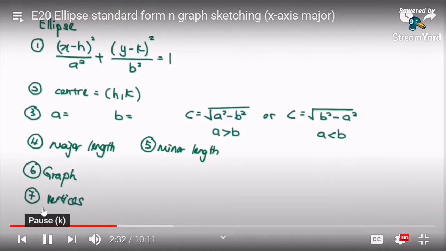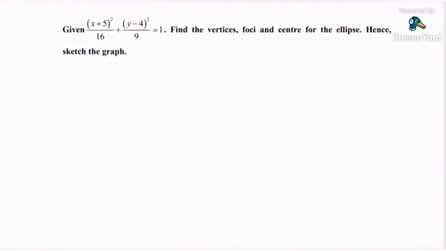Continue. So now let's have a look at the example. Given the standard form of ellipse, the question asks us to find the vertices, foci, and center for the ellipse. Hence, sketch the graph. So step number 1, kindly compare the situation with the standard form.